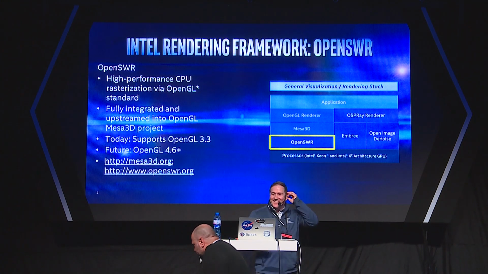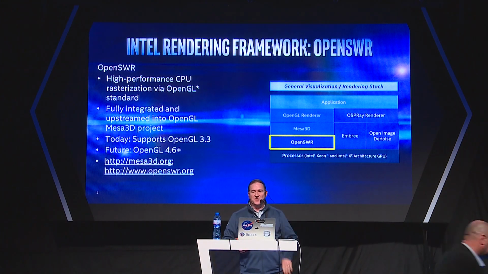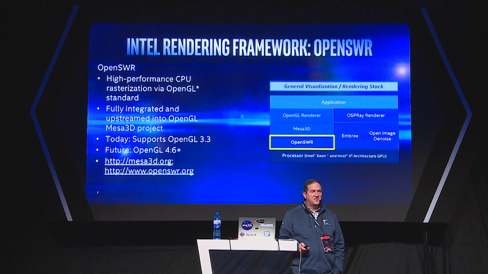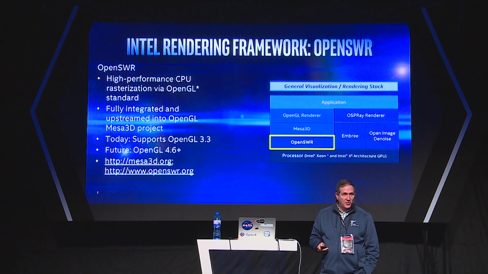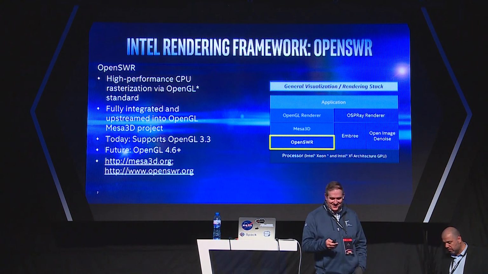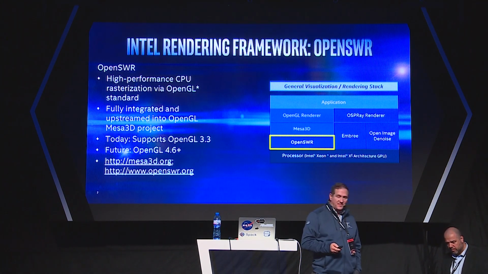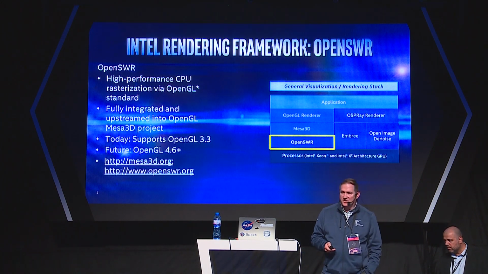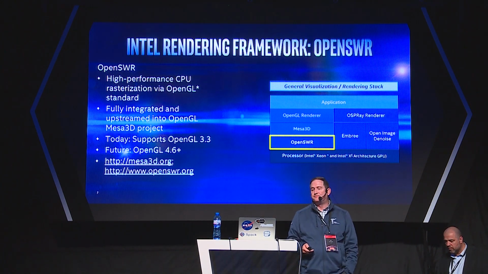Okay. So OpenSWR, again, an OpenGL capable system. It's all open source. Everything I'm going to talk about is fully open source, fully available, down to the metal, as Philip was saying earlier. You can see every algorithm, every implementation across our vector processors.